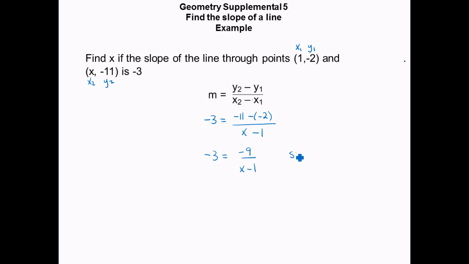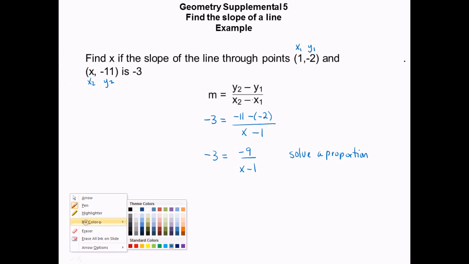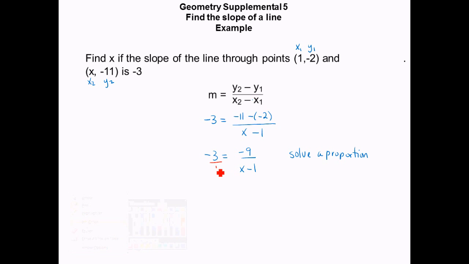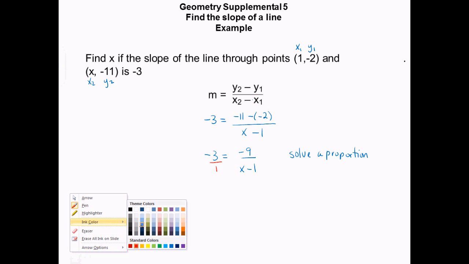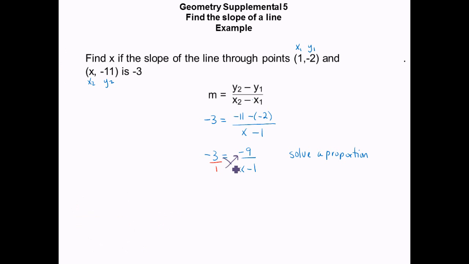Now I have to make a proportion. Do you guys remember proportions? It's when a fraction is equal to a fraction. So to turn this into a proportion, I'm going to add a 1 underneath it. I can turn any number into a fraction by putting it over 1. And then I'm going to cross multiply.